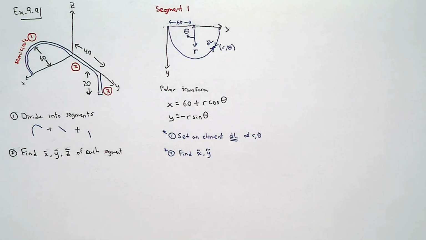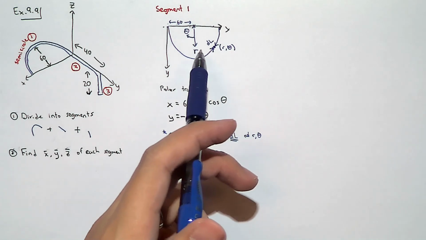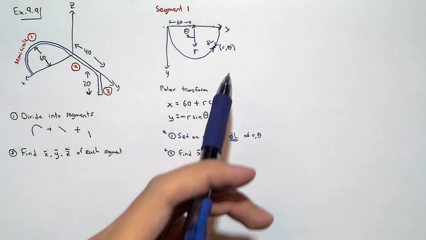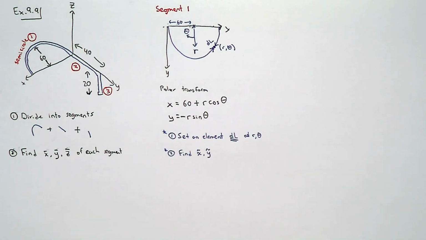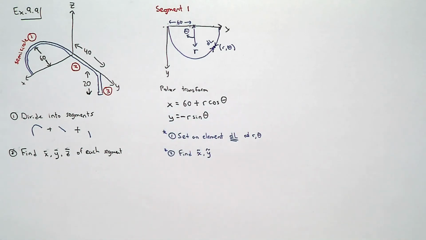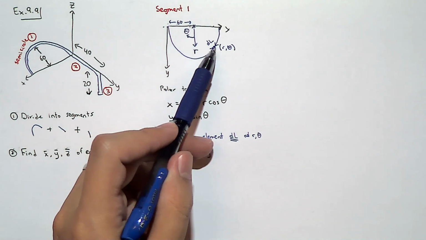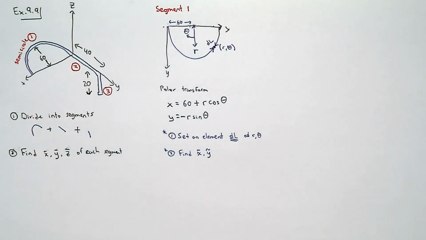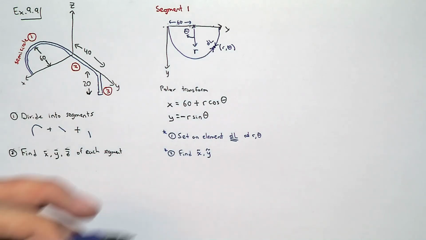So if my element is located at r theta, that means the center of the element will also be located at r theta. So my x squiggly and y squiggly coordinates will have the same values as this transformation. We don't have to add anything, subtract anything, or divide anything by 2, because this element is like a point, and where the element is located, that's where the centroid of the element also is located, because it's so small.